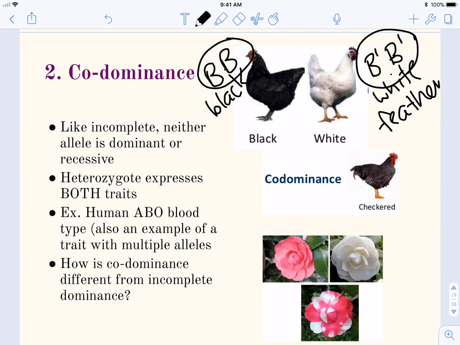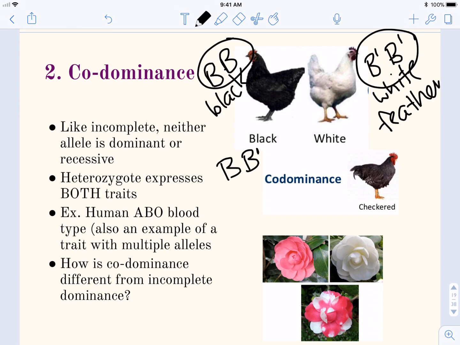But the new phenotype comes when you're heterozygous. And this is very similar to incomplete dominance, where if you inherited a plain B from a black feathered chicken and a B prime from a white feathered chicken, you are not going to show black or white alone. You are going to actually show them together.